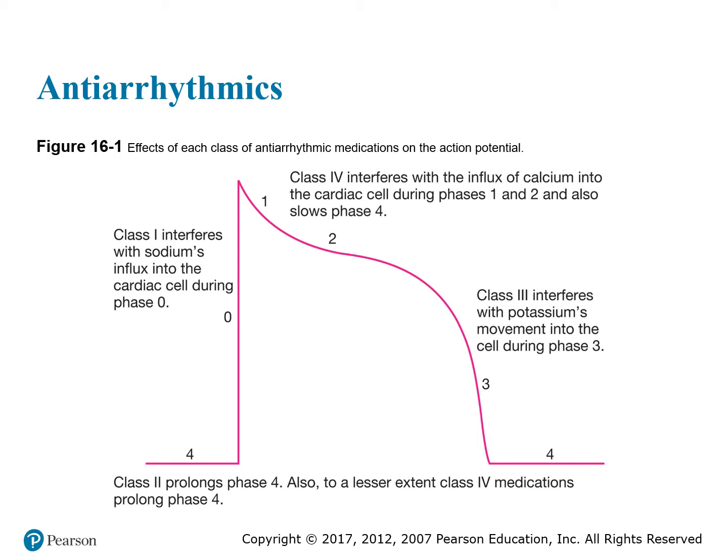Based on everything we've learned thus far, certain things are synonymous with certain parts of the heart. If something's going on with the atria, we'll see certain things on the EKG, and that goes with everything across the board.